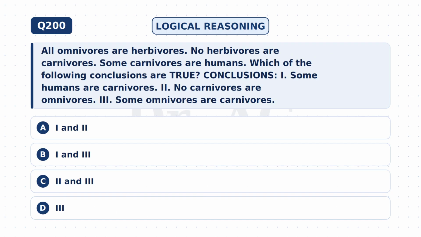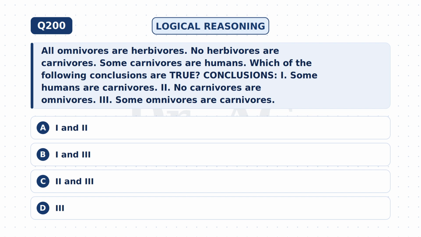5. Question 200. All omnivores are herbivores. No herbivores are carnivores. Some carnivores are humans. Which of the following conclusions are true? Conclusions: 1. Some humans are carnivores. 2. No carnivores are omnivores. 3.